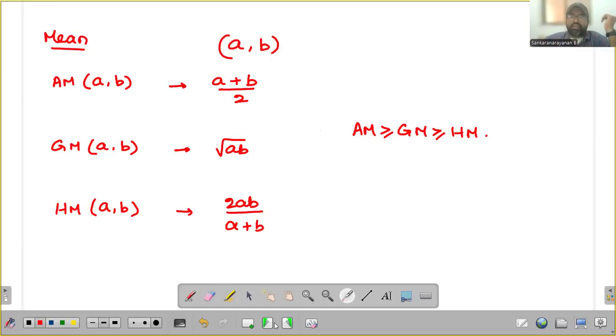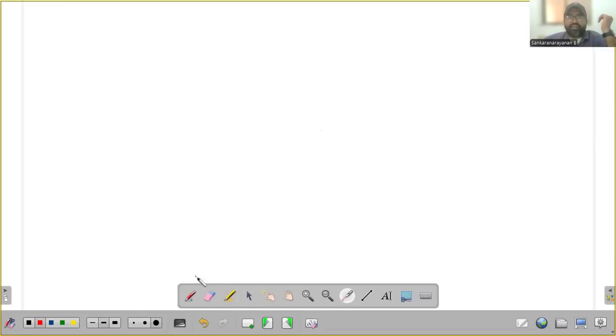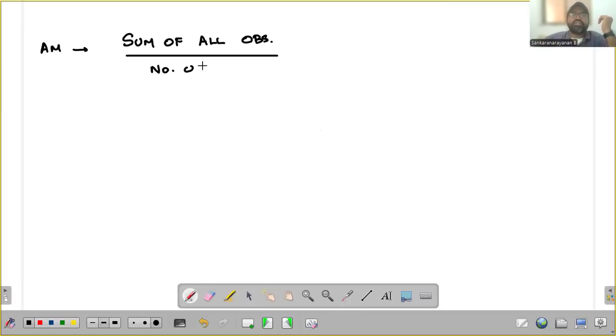Now, in general, when there are more than two observations, arithmetic mean is calculated as the sum of all observations divided by the number of observations. This is the basic formula that you have to remember to calculate the arithmetic mean: sum of all observations by number of observations.